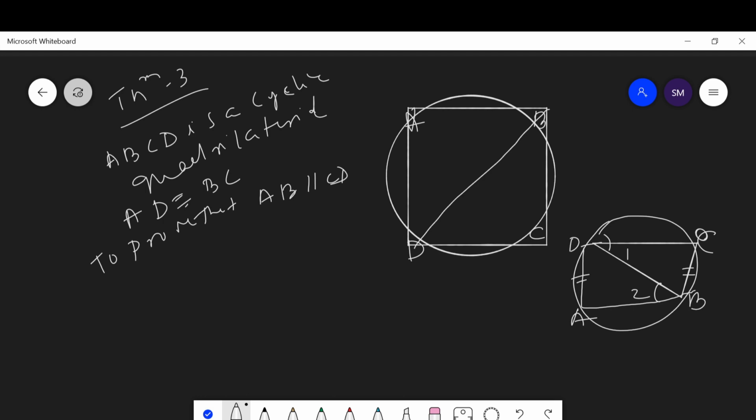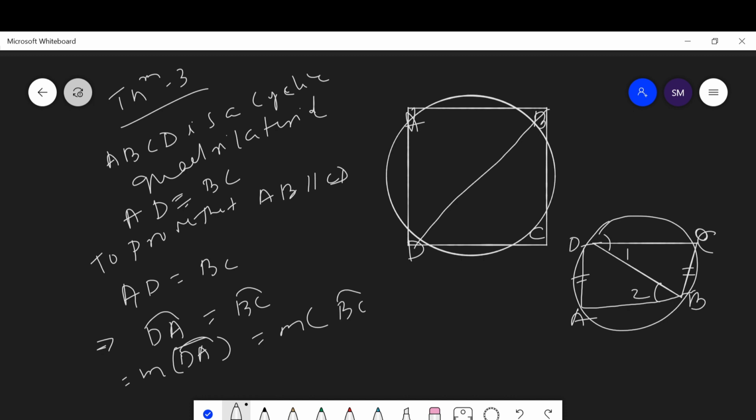Join BD, and here AD is equal to BC, given. This shows that the segment DA is equal to BC. Then the measure of arc DA is equal to the measure of arc BC, which shows that 2 times angle 2 is equal to 2 times angle 1.